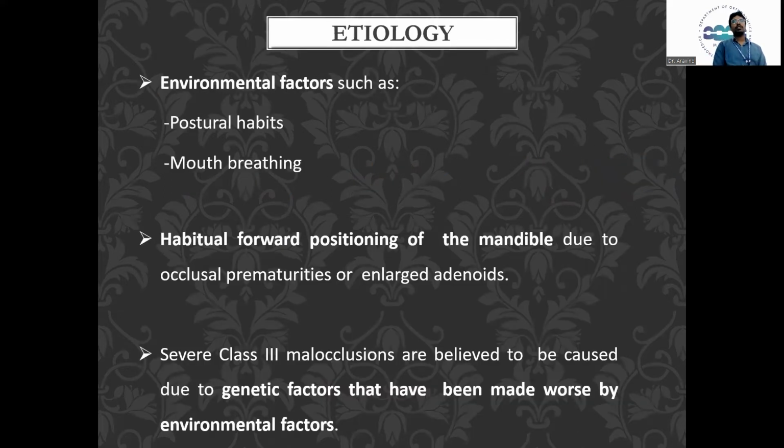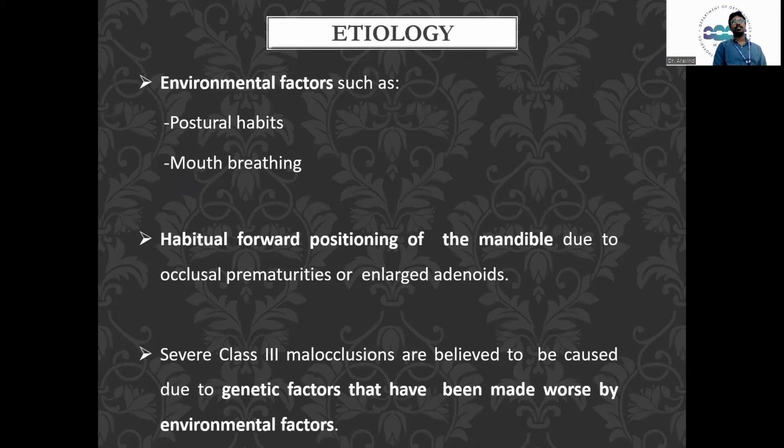Coming to the etiology of class 3 malocclusion, there are various causes. The first one is environmental factors such as postural habits and mouth breathing habits. A postural habit may be a habitual forward positioning of the mandible due to occlusal prematurities, or enlarged adenoids may result in a class 3 malocclusion. If the patient has a severe class 3 malocclusion, it is believed to be caused by certain genetic factors.